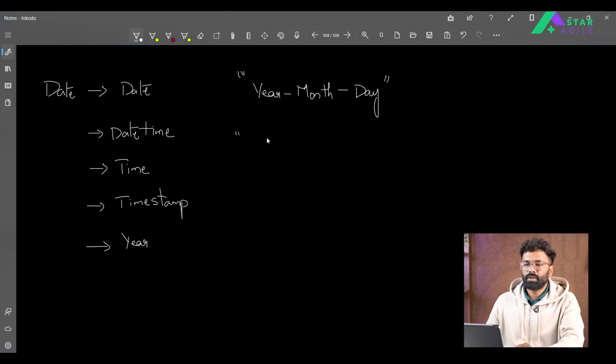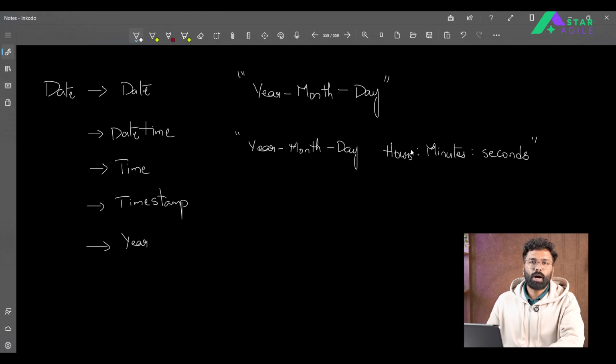Next, datetime: the same, year, month, day. Next, give one space, a little space, and then you can continue with hours, minutes, seconds.